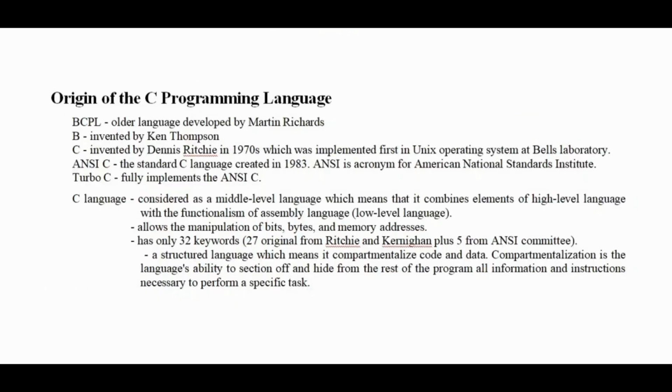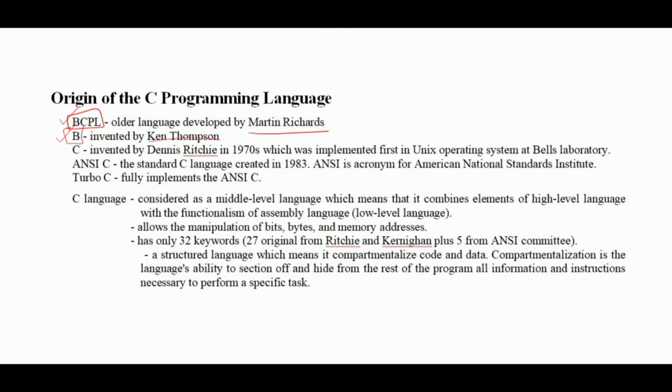Now let us discuss a little background of the C programming language. The C programming language can be traced from an older programming language which we call BCPL, developed by Martin Richards. Then this was revised, and the new programming language, a revision of this, is called B, which was invented by Ken Thompson.